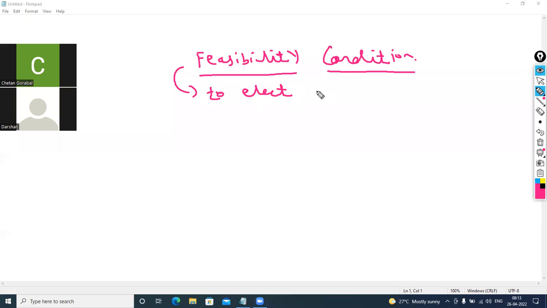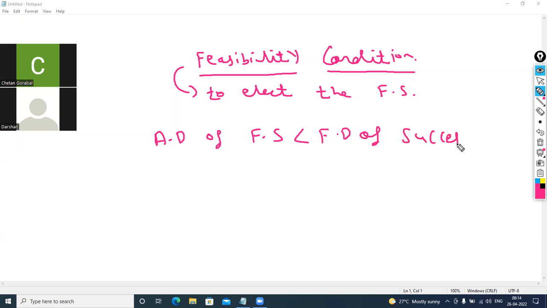Can you tell me what the feasibility condition is? Advertised distance should always be less than the FD value of the successor. Very good. The advertised distance of the feasible successor should be less than the feasible distance of the successor. Clear?